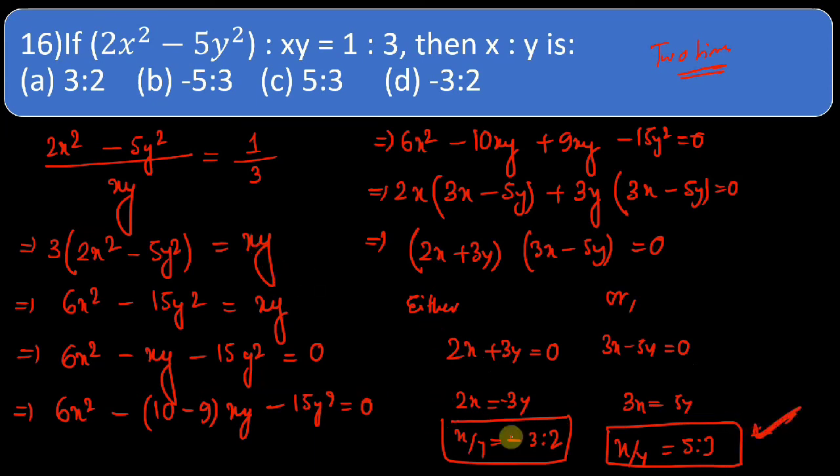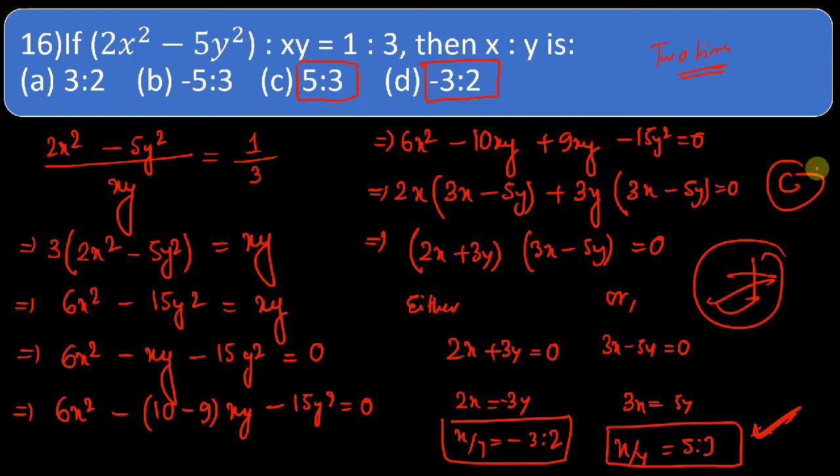That is C here, students. Both the answers are given in the options here. Minus 3 by 2 is option D, and 5 is to 3 is also given. So whenever this type of problem arises in the examination hall, give your priority to the positive one. So the positive answer will be the correct answer. So here the correct answer will be option number C.